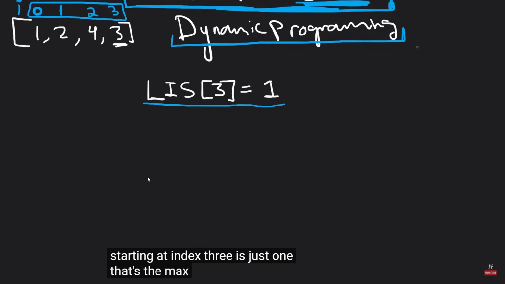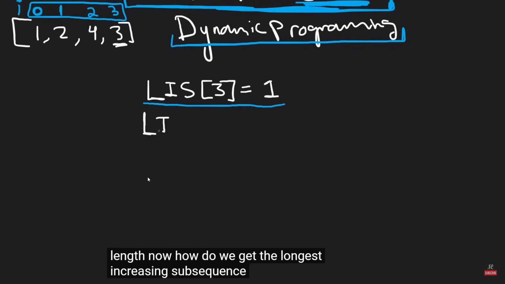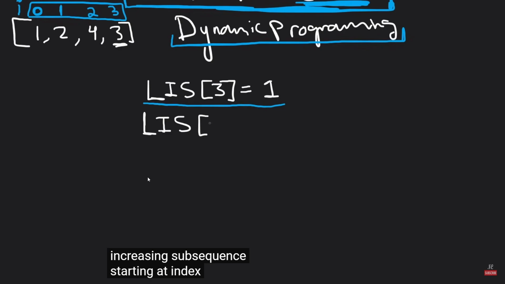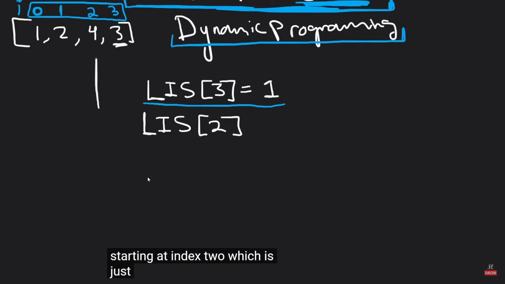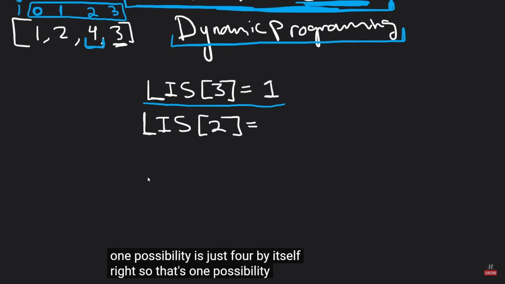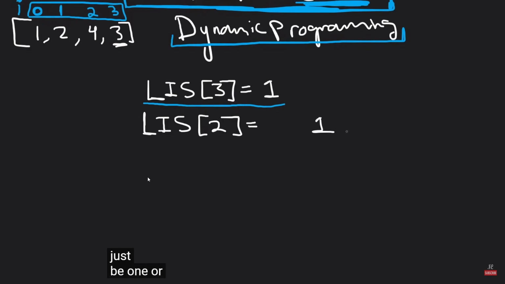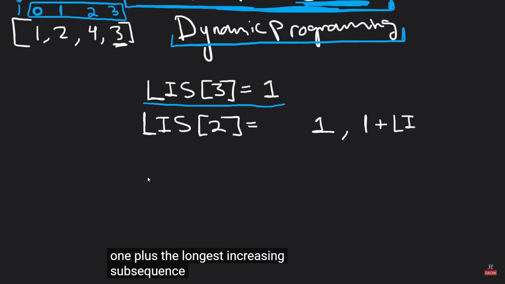That's the max length. Now, how do we get the longest increasing subsequence starting at index 2, which is just 1 shifted to the left? Well, one possibility is just 4 by itself, right? That's one possibility. It could just be 1, or it could be 1 plus the longest increasing subsequence starting at position 3.